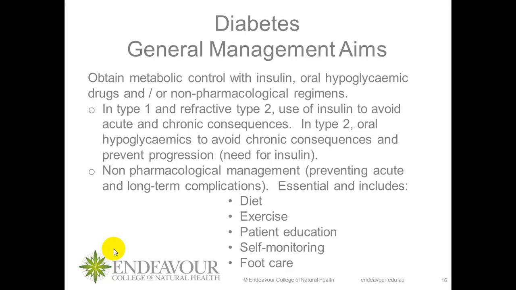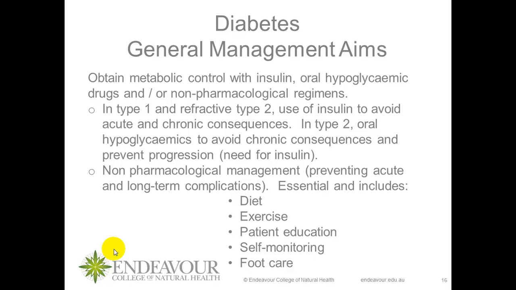In addition then to diet and exercise, there needs to be regular patient education about, as we'll see, some of the ways of monitoring their glycemic control, then to self-monitor with measuring glucose levels themselves or monitoring their insulin levels.